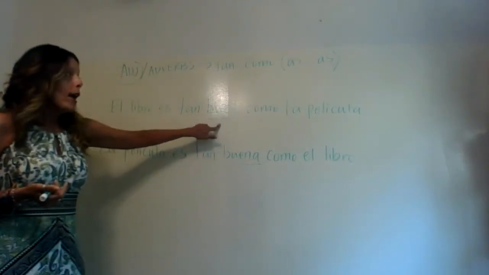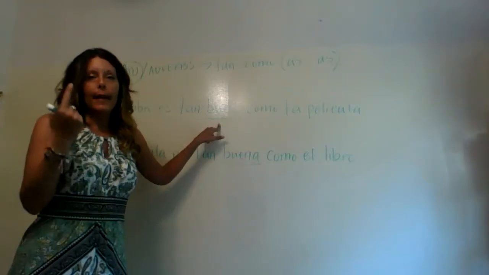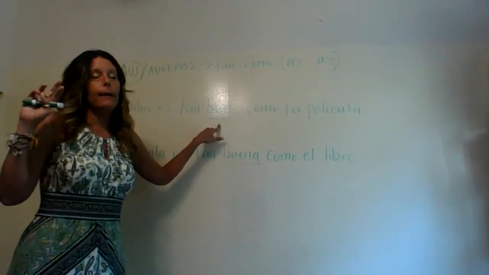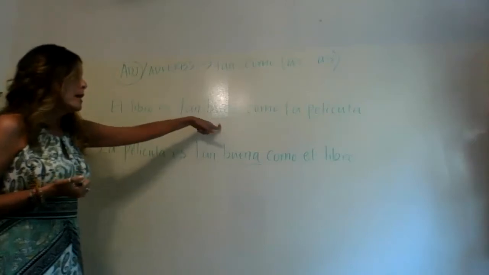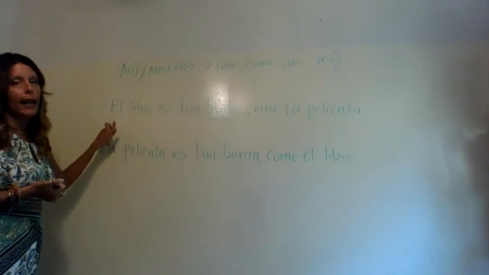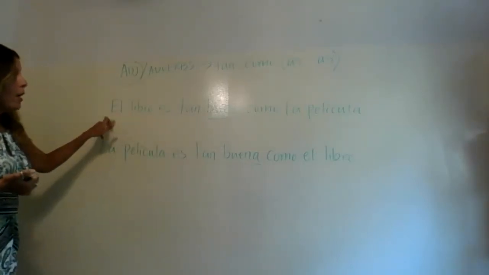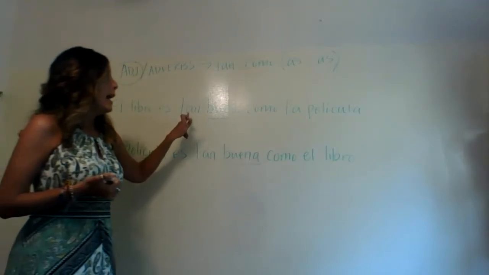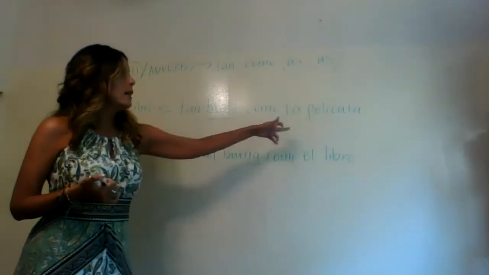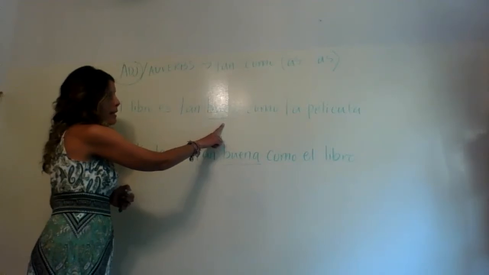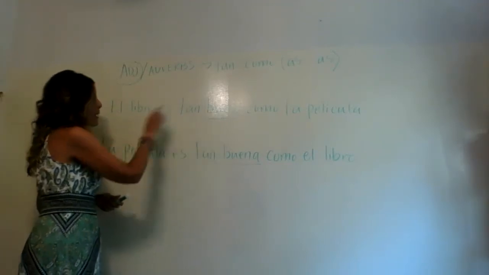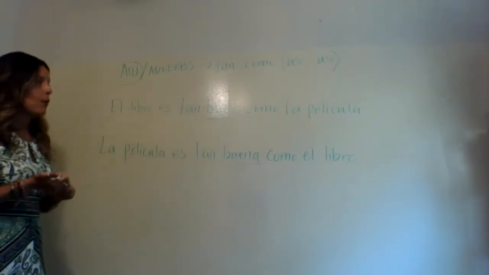So bueno right now is in its masculine and singular form, because what is it describing? It's describing el libro. So we have the book is as good as the movie, and remember that bueno is masculine and singular because it's describing el libro.